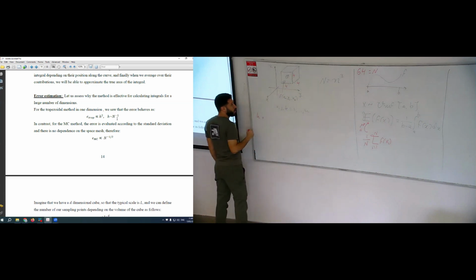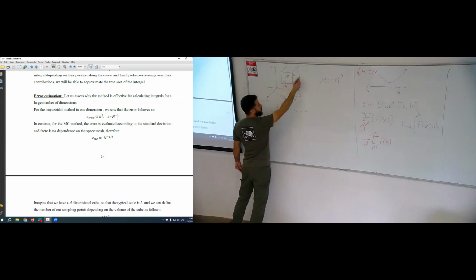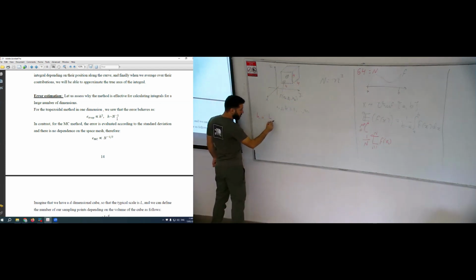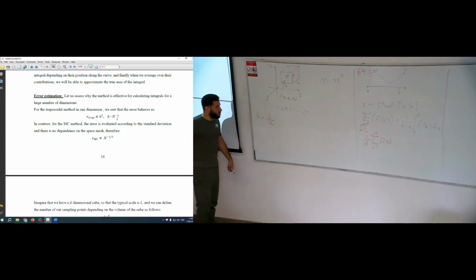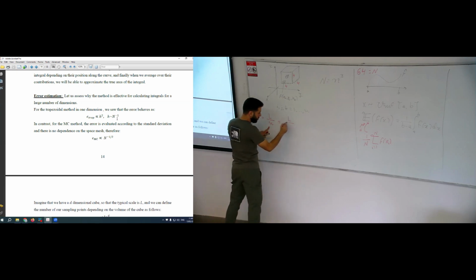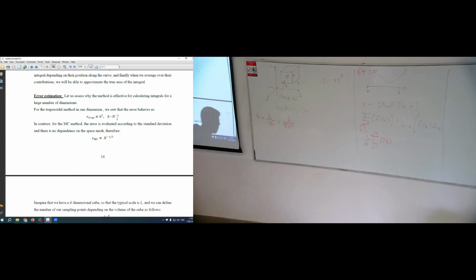is, let's say that this is L, this is L, this is L. Okay. It is L over N. It's 4 here. And this N is what? It is the D-th root of N. Okay.